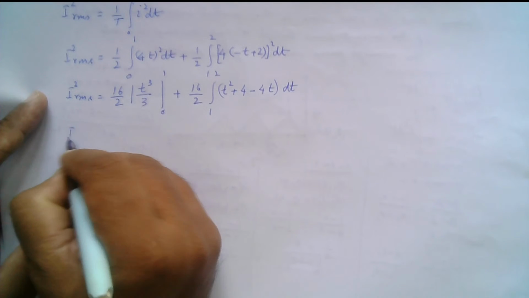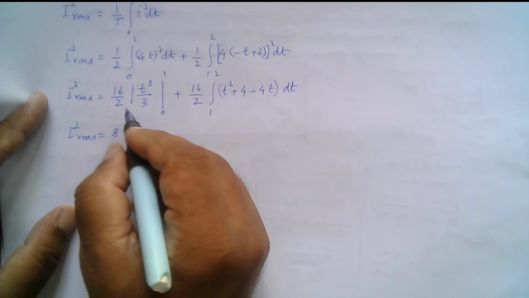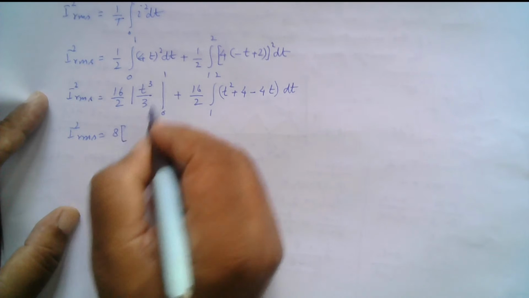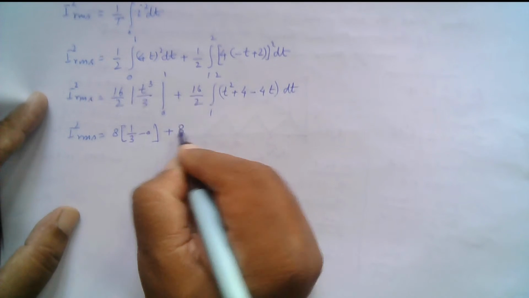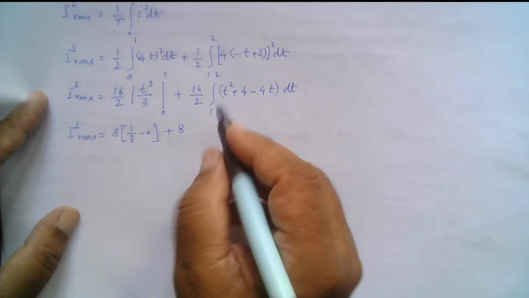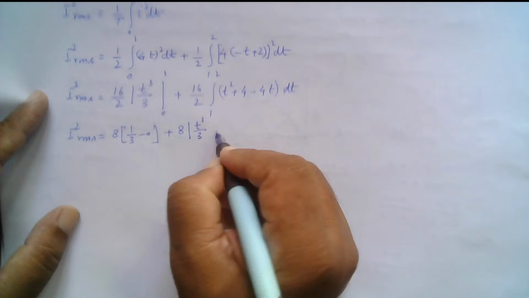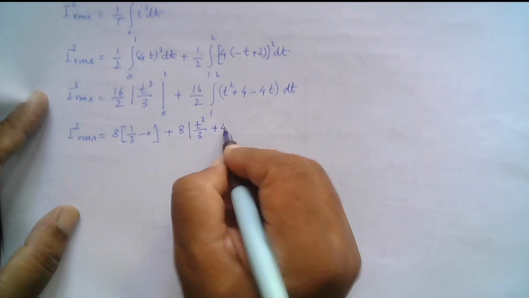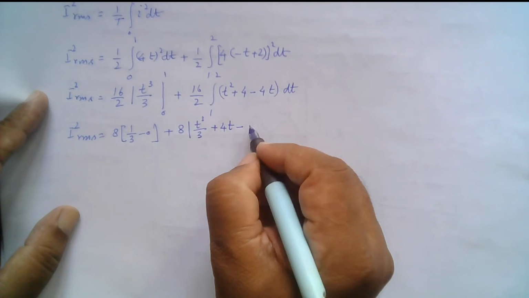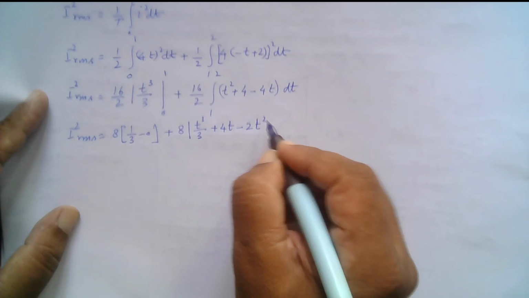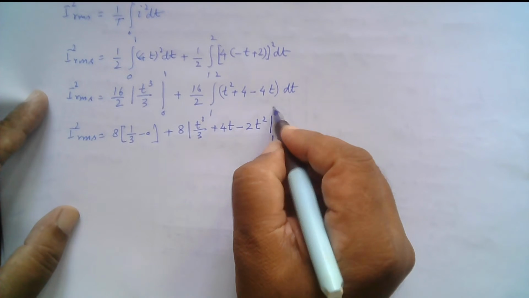So I square RMS is equal to 8, and 1 over 3 minus 0, plus 8, and we need to integrate this now. So this will be t cube over 3 plus 4t minus 4 over 2 t square, that is minus 2 t square, and the limits are 1 to 2.